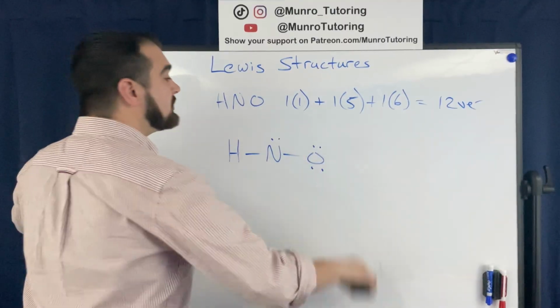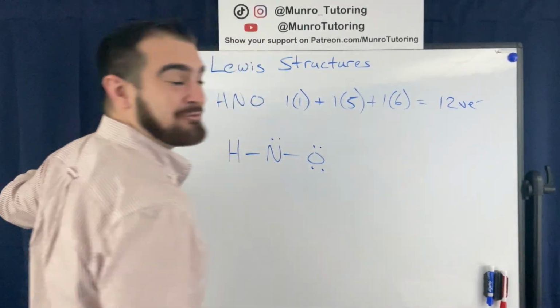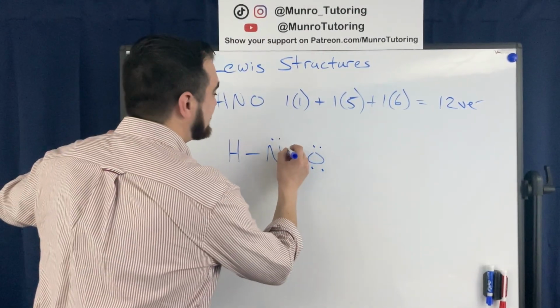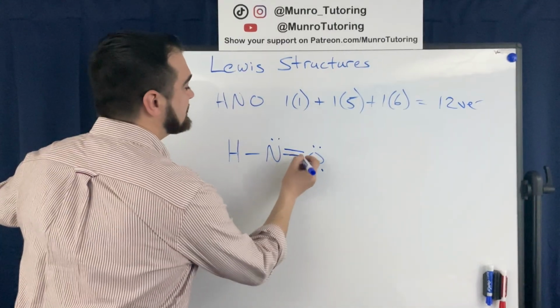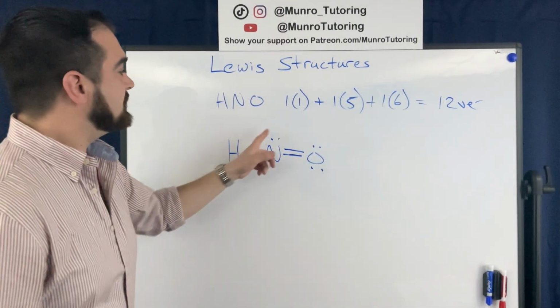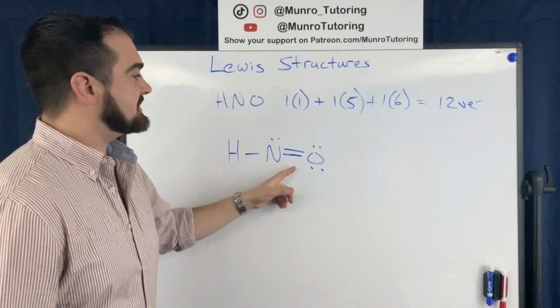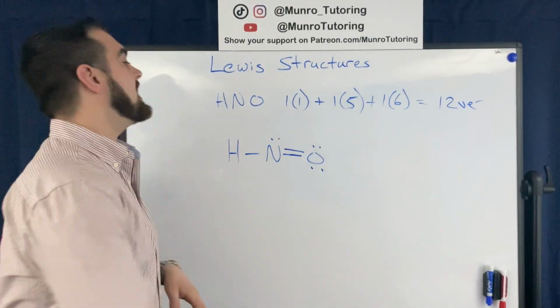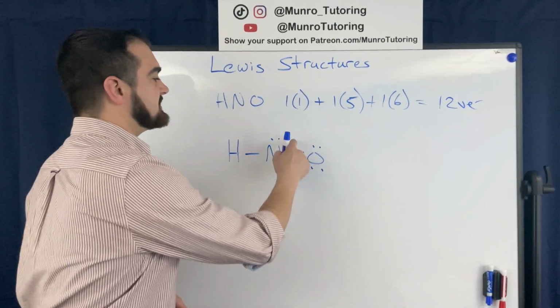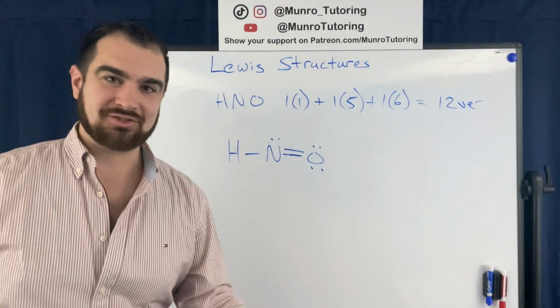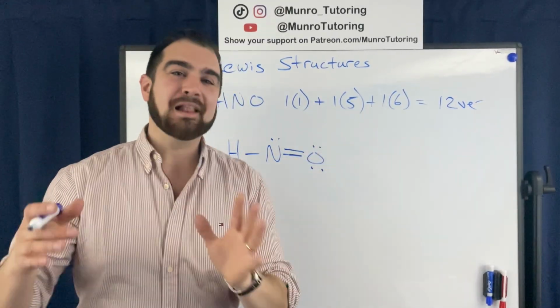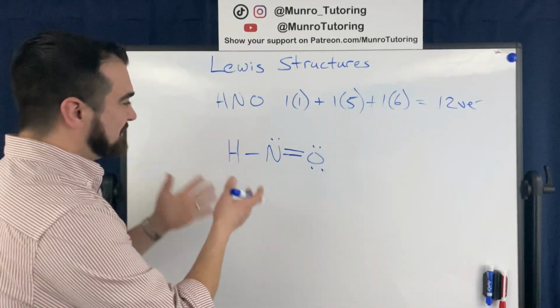It can no longer hoard it to itself, and we're going to force it to share and make this a double bond. Okay, guys? So now we have 2, 4, 6, 8, 2, 4, 6, 8. The hydrogen has 2, and altogether we have 2, 4, 6, 8, 10, 12 electrons, which is what we're supposed to have, and that is the Lewis structure for this compound as well.